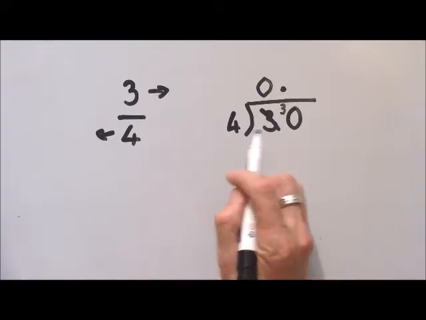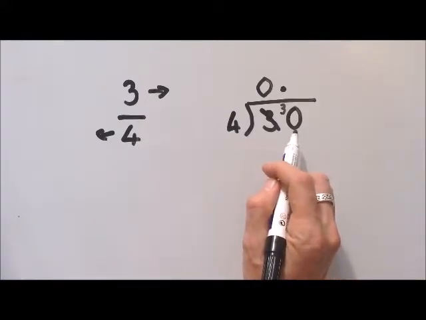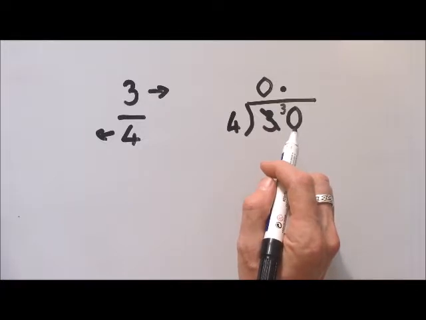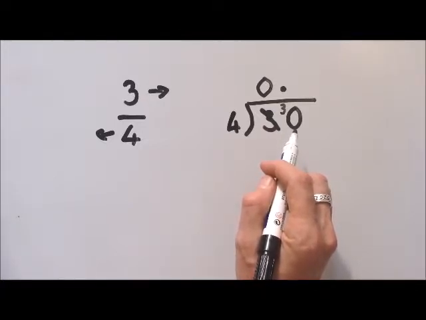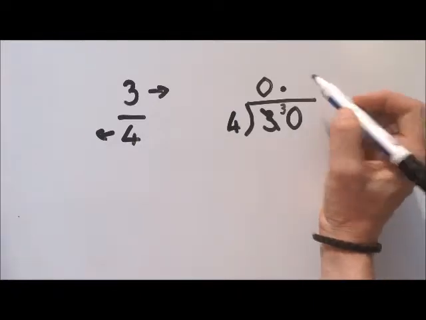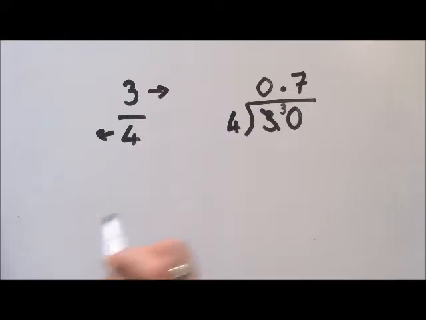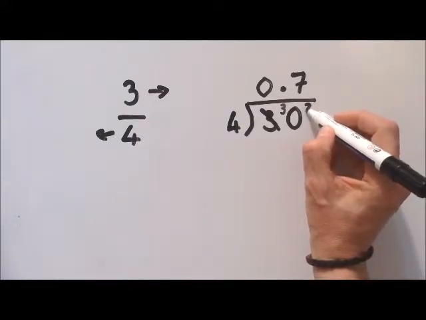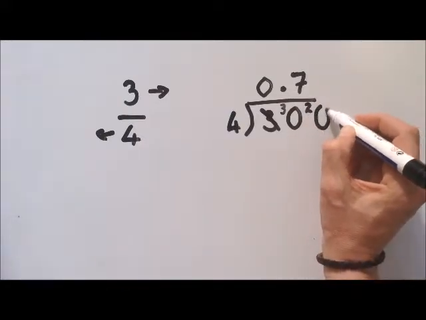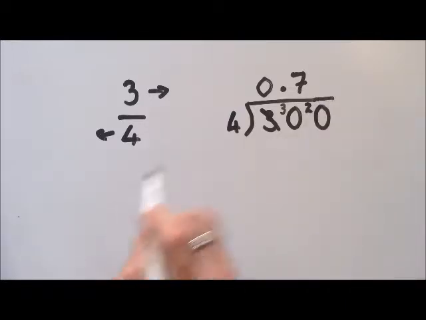How many 4's can we get out of 30? Well, 5 4's is 20, 6 4's is 24, and 7 4's is 28. So that's 7, but there's a 2 remainder. So we put our 2 here and another 0 here. How many 4's can we get out of 20?